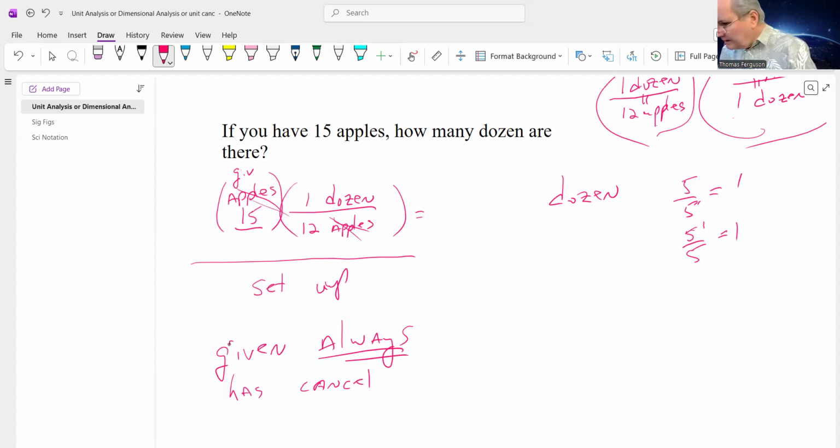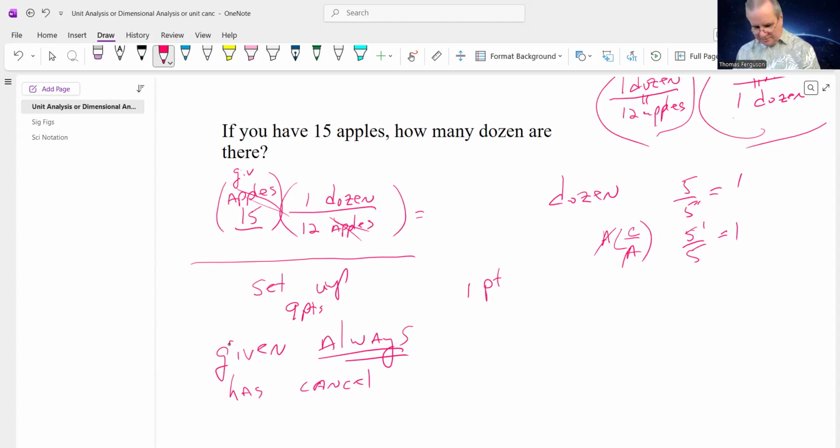It's just like with the C over A. A's cancel. Now this is a one-step problem. So if this problem was worth 10 points, this setup is worth 9 points. Your answer is worth 1 point. Because the setup is where the chemistry is, not how to use your calculator.